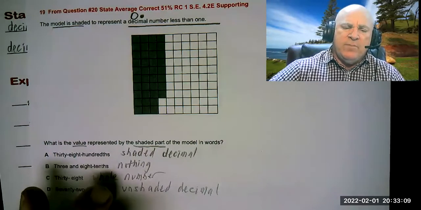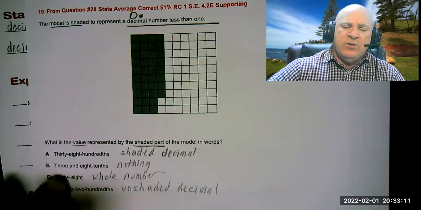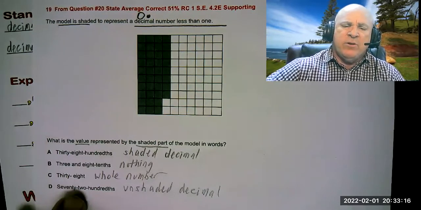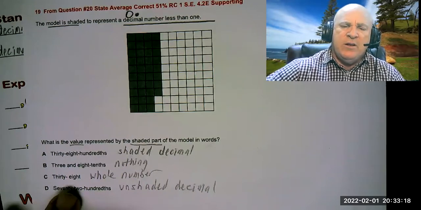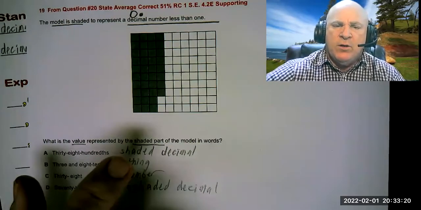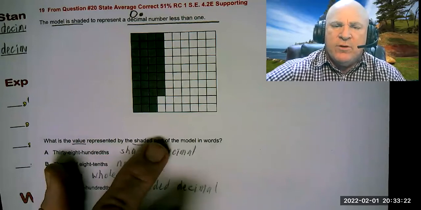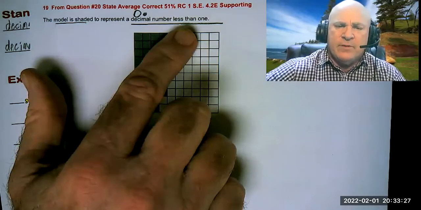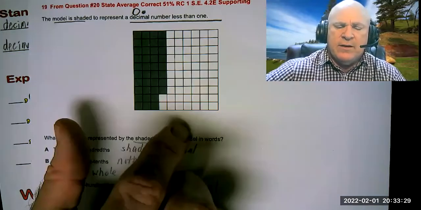Now, one more thing you might want to add to do an extension: if they were to have asked your students for the unshaded part of this, then it would be 1, 2, 3, 4, 5, 6. Let me make sure I did this.